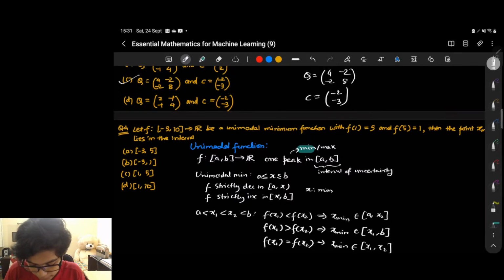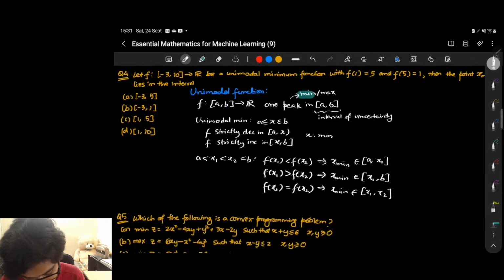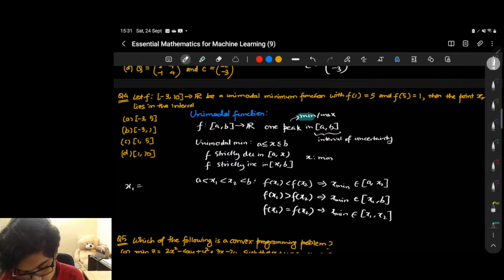Now in our case, we have x1 equal to 1, x2 equal to 5, a equal to minus 3, b equal to 10. So f(x1) equals f(1), which is equal to 5, and f(x2) is equal to f(5), which is equal to 1.